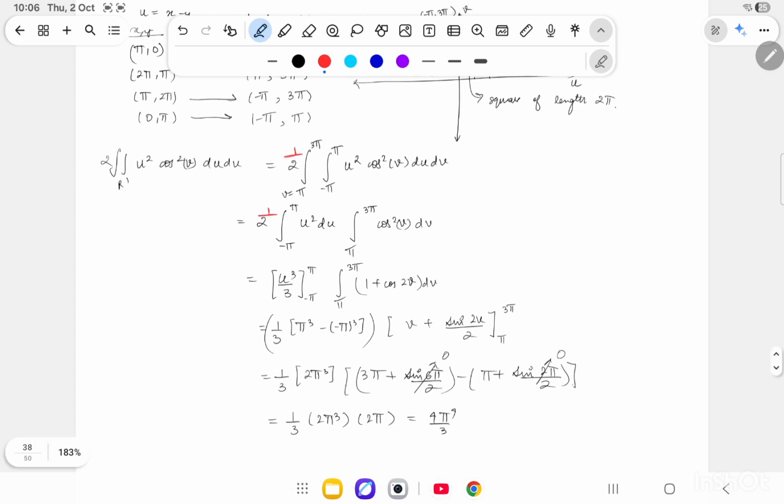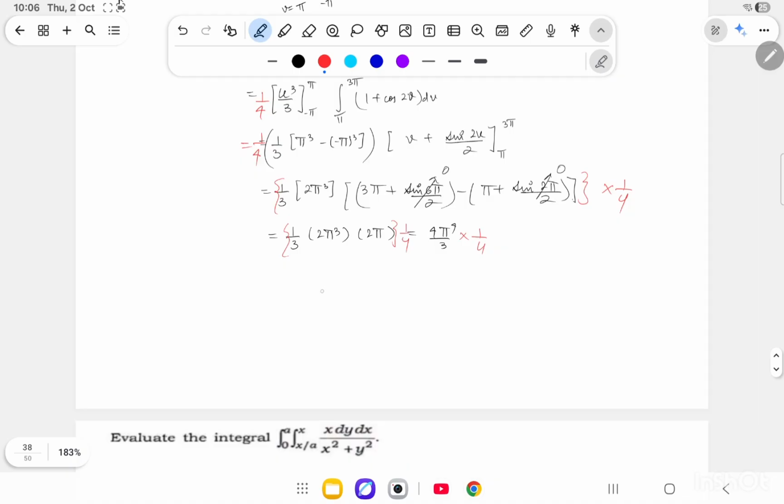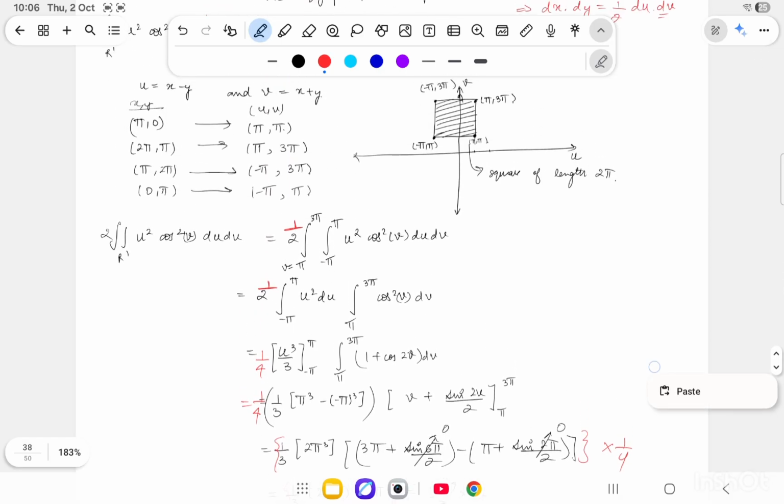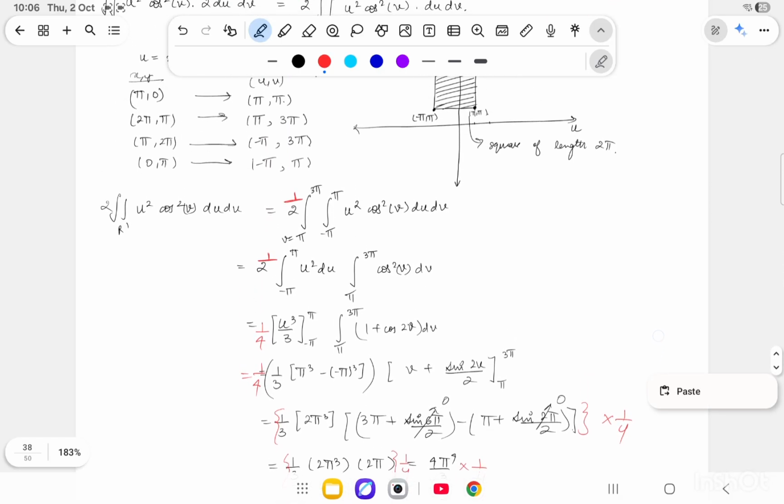Since we used 2, it is 1 by 4, and this whole thing is multiplied by 1 by 4. So our final answer is pi raised to 4 by 3. You should be very careful while multiplying with the Jacobian, otherwise your whole answer will be different, and these kinds of mistakes are very common in exams.